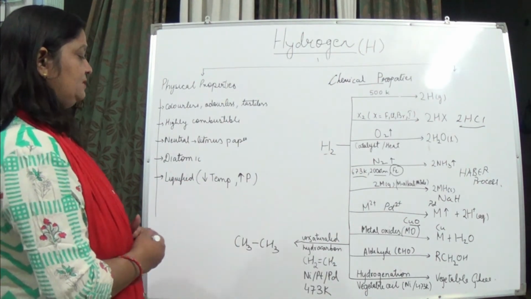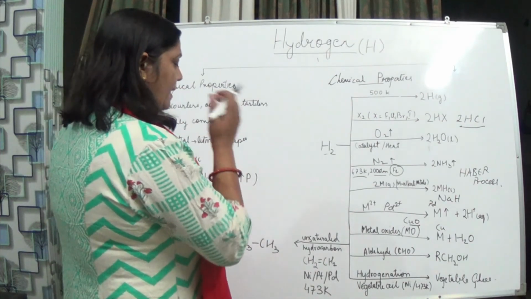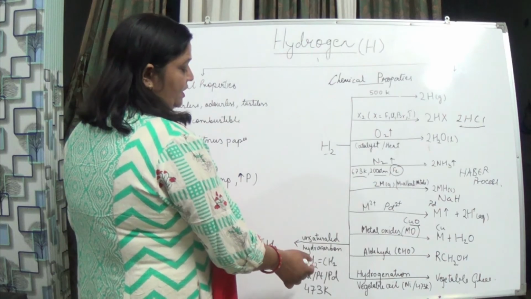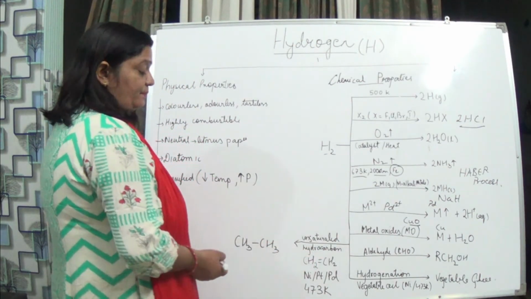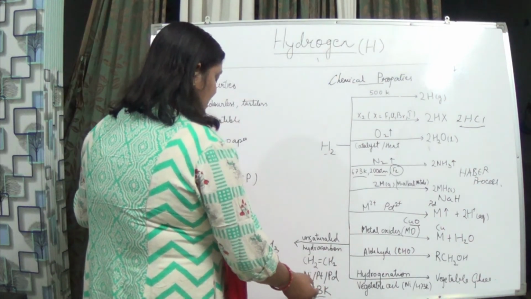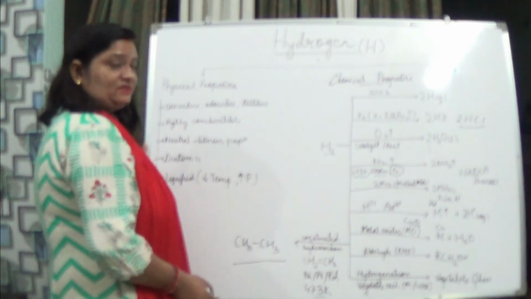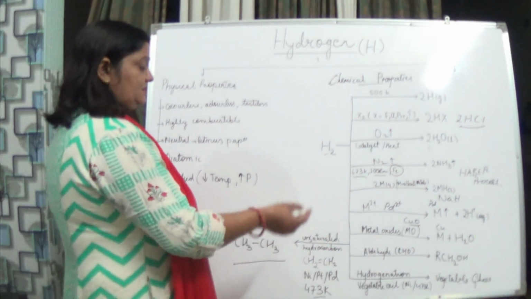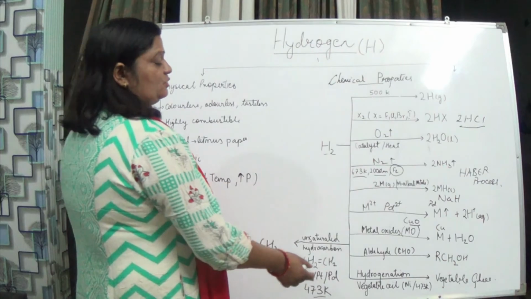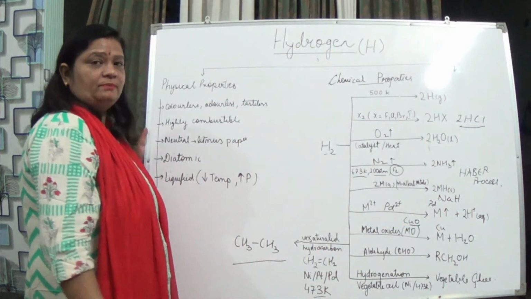The alkane. So it reacts with unsaturated hydrocarbons in the presence of nickel, platinum or palladium as catalyst. Taking temperature 473 Kelvin, we get what? A saturated hydrocarbon. And in the hydrogenation reaction, vegetable oil is converted into vegetable ghee.